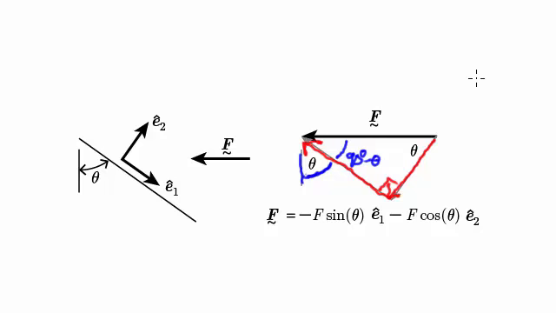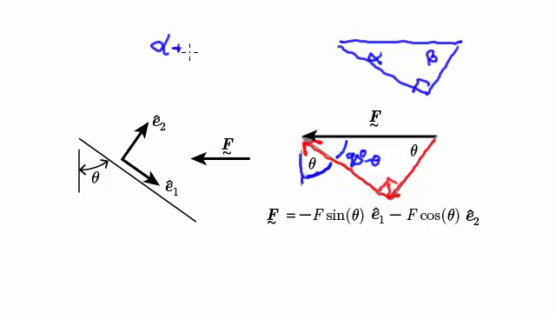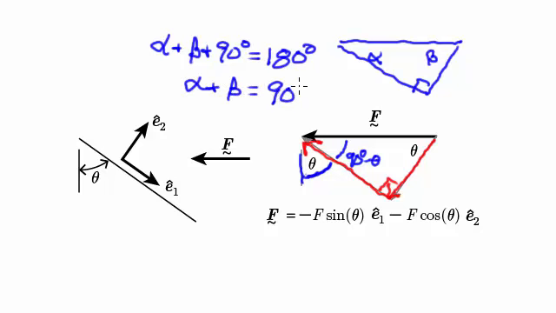And you remember, for a triangle, all the angles of a triangle have to add up to 180 degrees. So let me just call this thing alpha right there. And if this is 90 degrees, then I've got alpha, and I'll call this one beta right there. So I've got alpha plus beta plus 90 degrees. That has to add up to 180, which means alpha plus beta have to add up to 90 degrees.